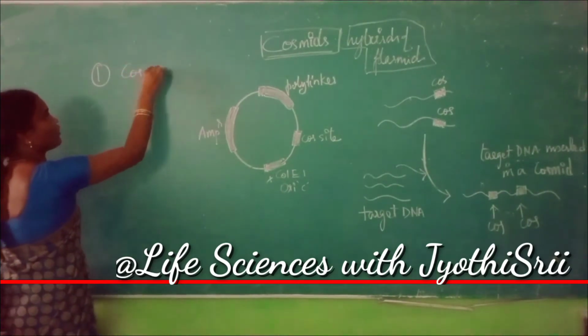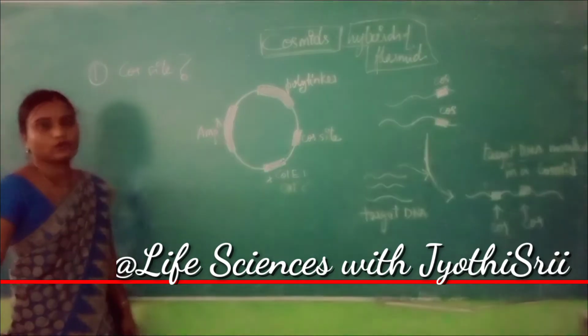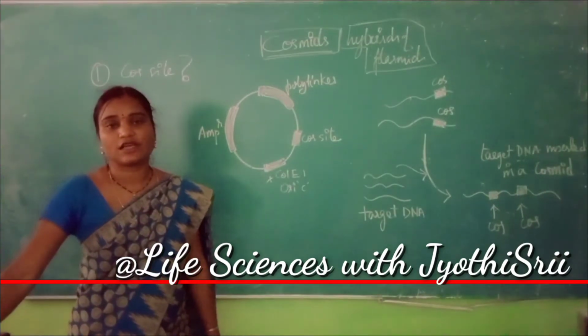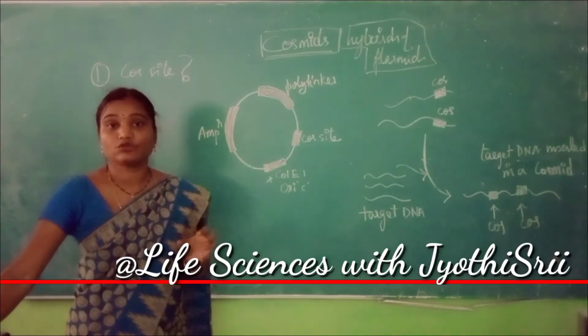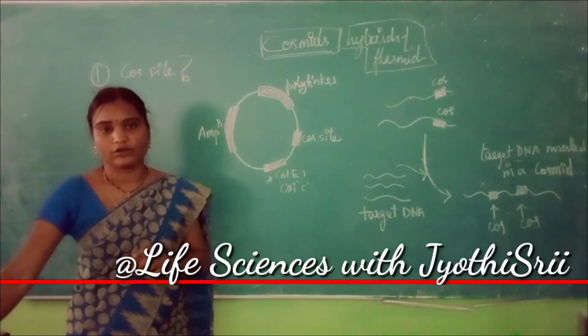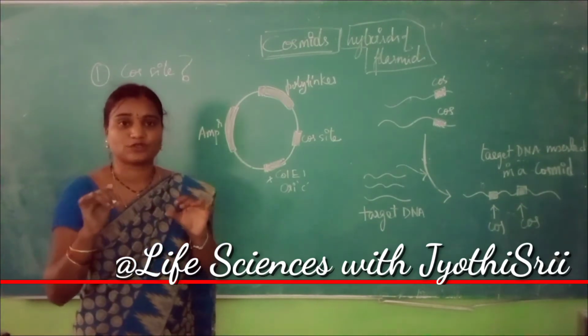So what is a cos site? Cos sites are cohesive ends which are used for packaging of the lambda phage DNA molecule, and which are present near the capsid head.